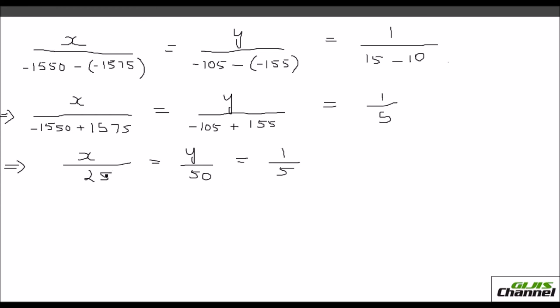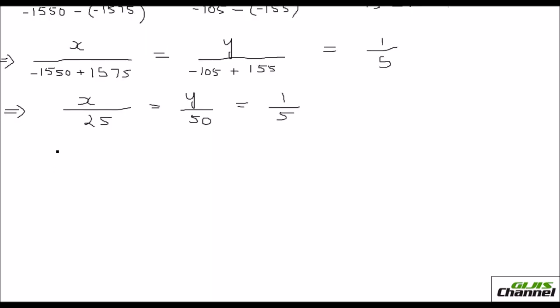Now you can equate your x with the constant term and the y with the constant term and get the answer. So you would get x over 25 is equal to 1 over 5. So that implies multiplying throughout by 25, you get x equals 5, right?